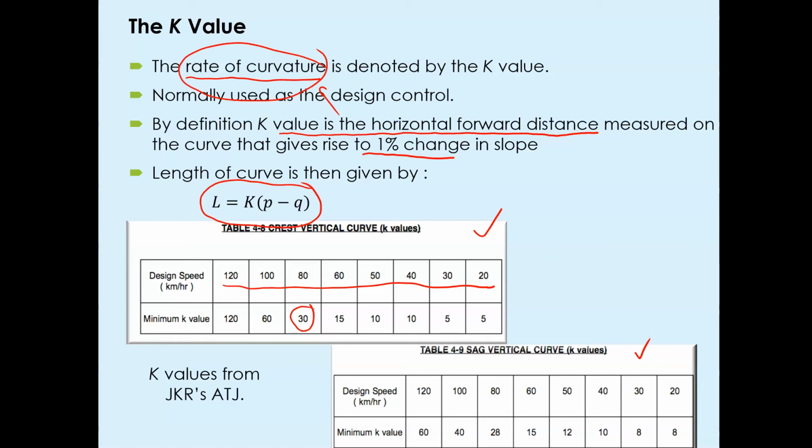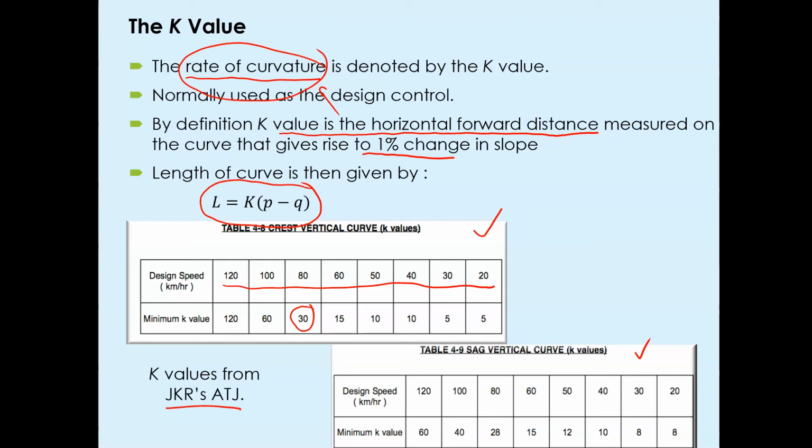So these are values from JKR's ATJ. Using those values in the table, we can easily obtain the length of the vertical curve needed.